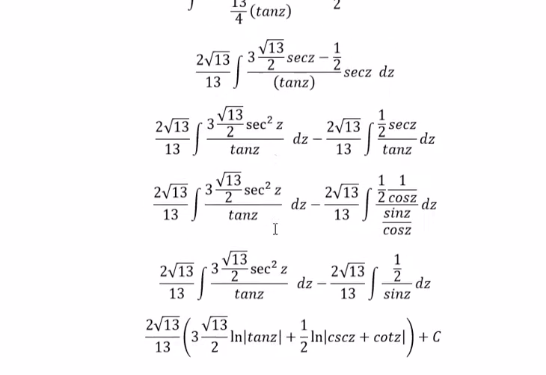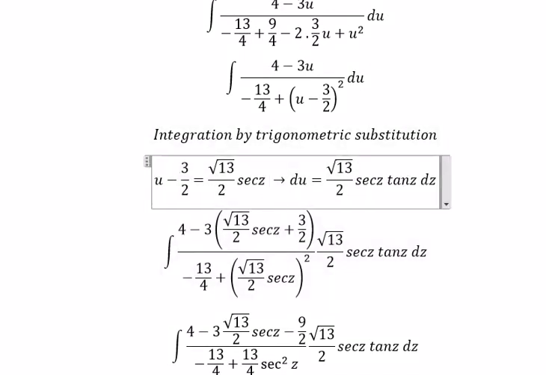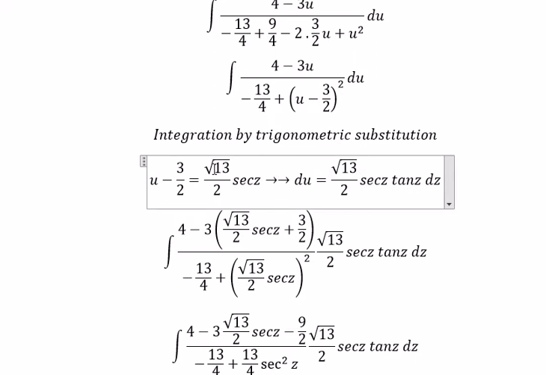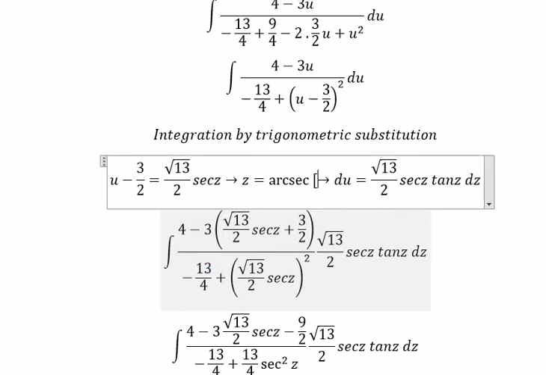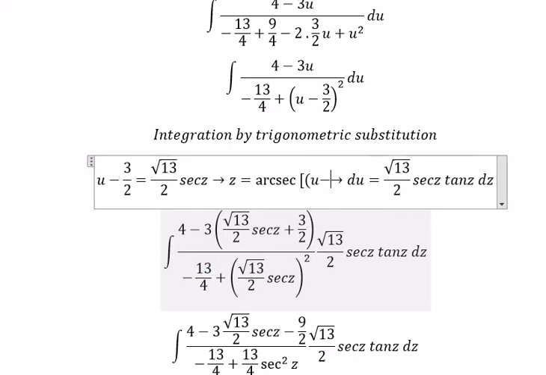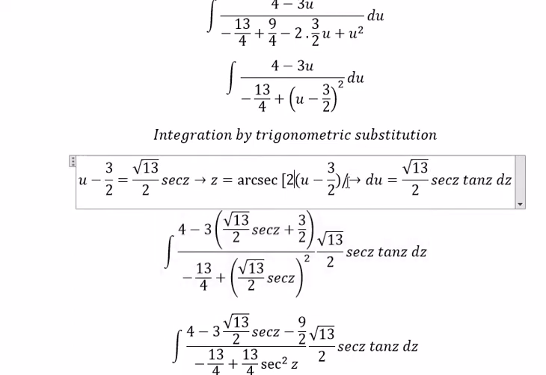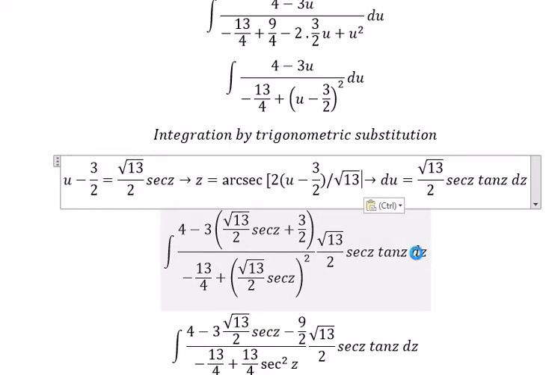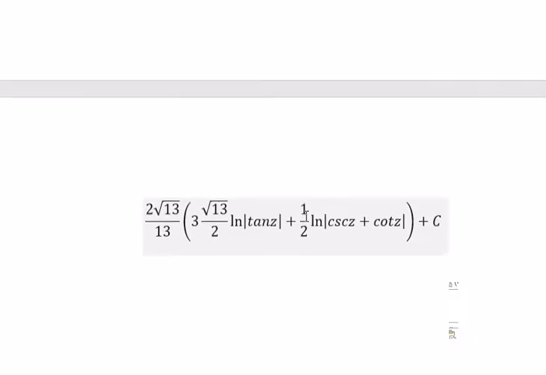About z, we need to change back for this one. So we divide both sides with the square root of 13 over 2. So you get z equal to secant of u minus 3 over 2 divided by, we divide this one, and you get 2 over the square root of 13. So we put this one in here.